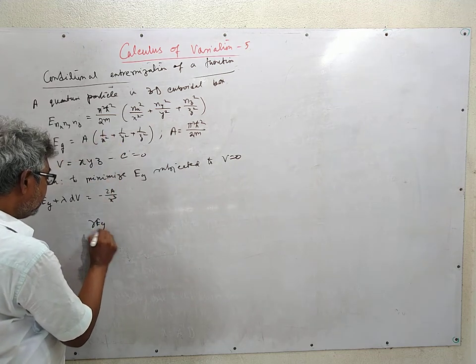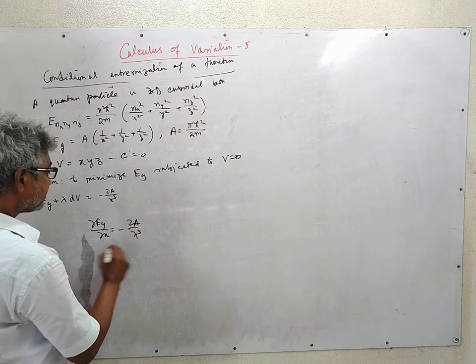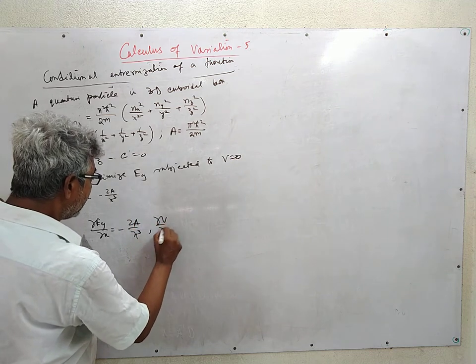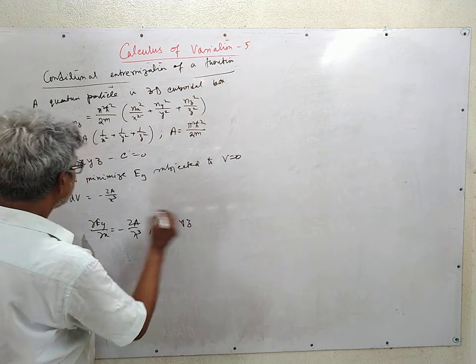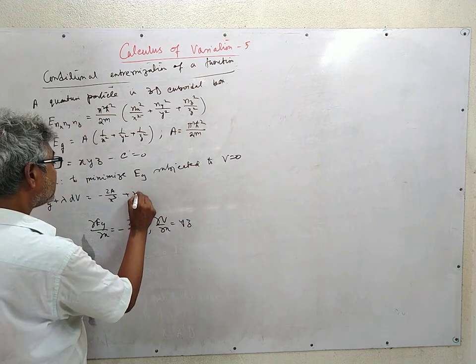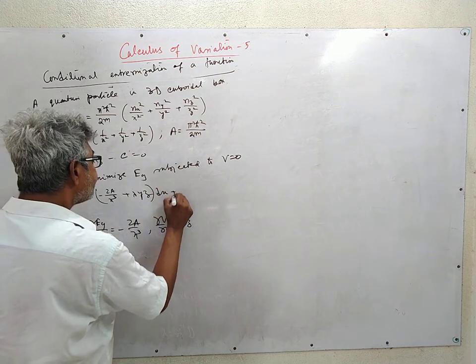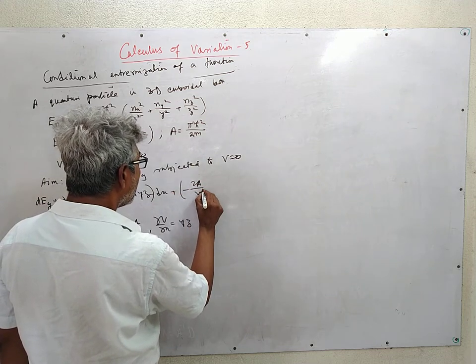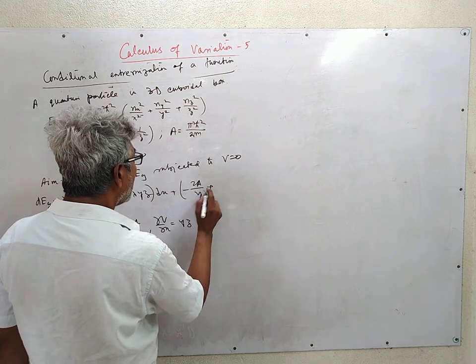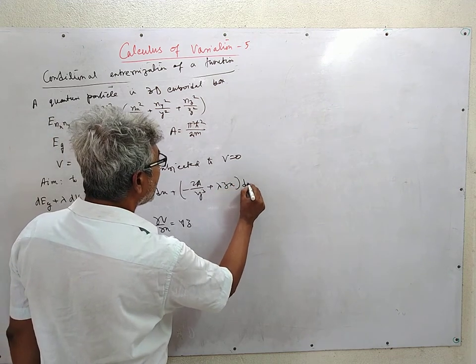Note that del Eg del x is equal to minus 2a by x cube, and del v del x is equal to yz. So this is minus 2a by x cube plus lambda yz, times dx, plus minus 2a by y cube plus lambda zx, times dy.